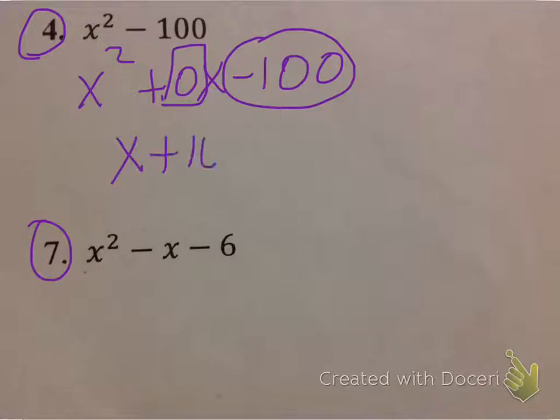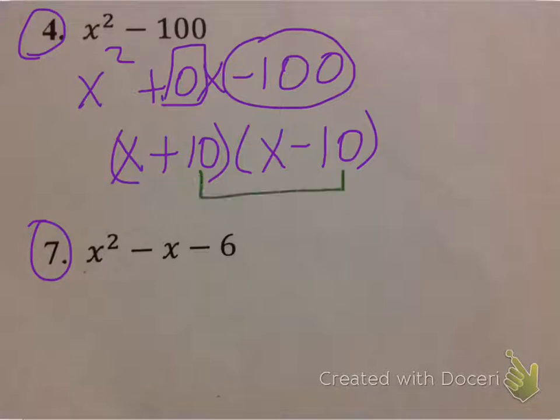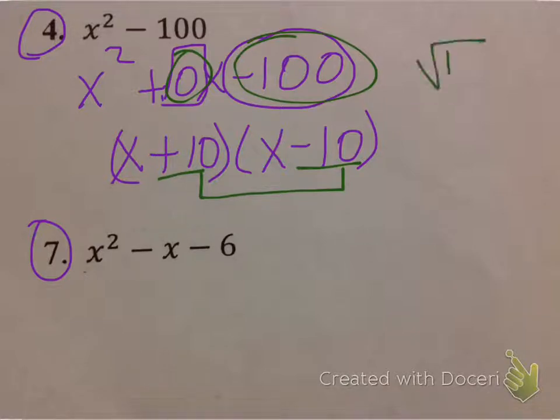It has to be plus 10 and minus 10, because when I multiply 10 times 10, I get 100, and when I add positive 10 with negative 10, I get 0. And that's the only way that'll work. And if you notice, the square root of 100 is 10, which is probably the most important reason this works. So x plus 10 times x minus 10 is your solution.